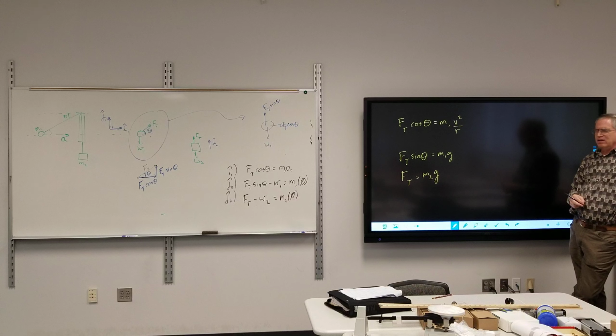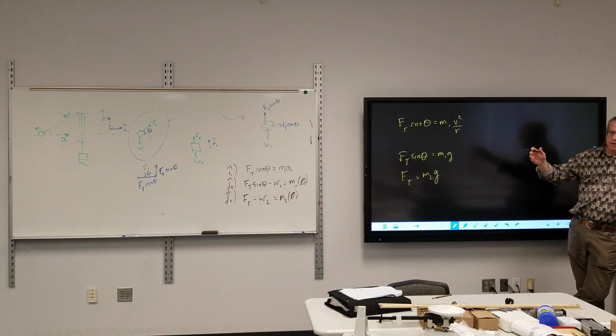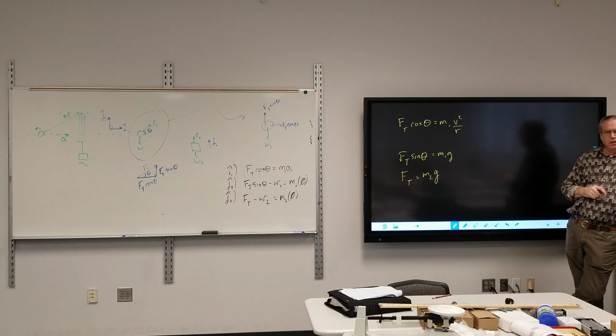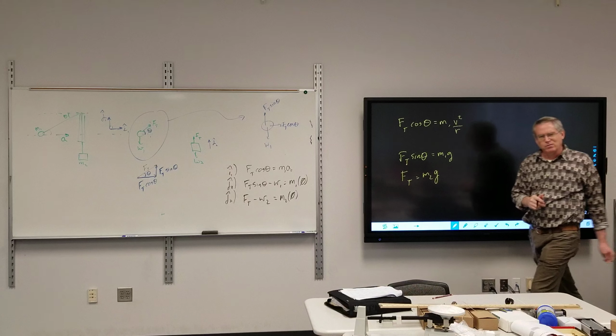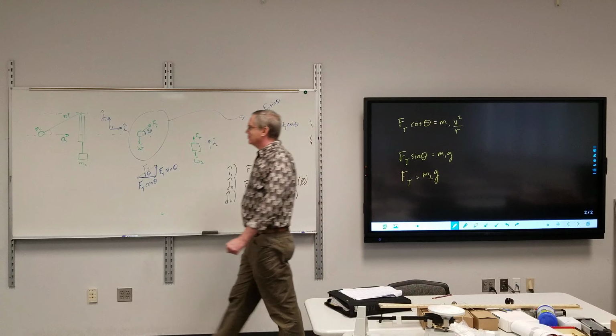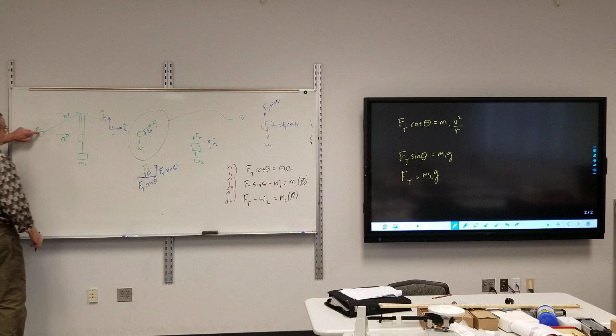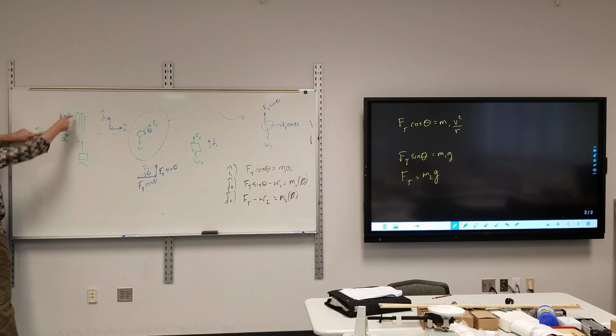What is R? In terms of the radius, is it that line right there, between the ball and the pole? Is it this way or this way?